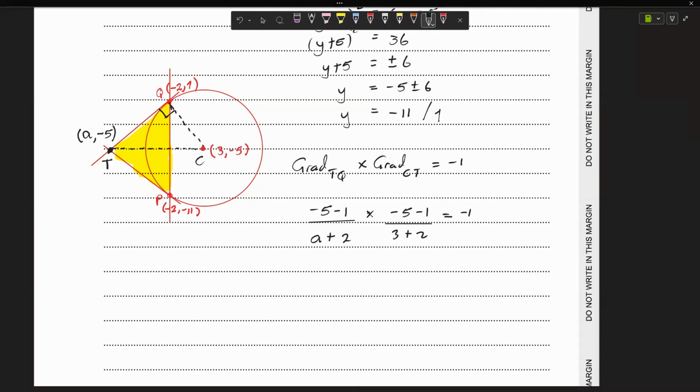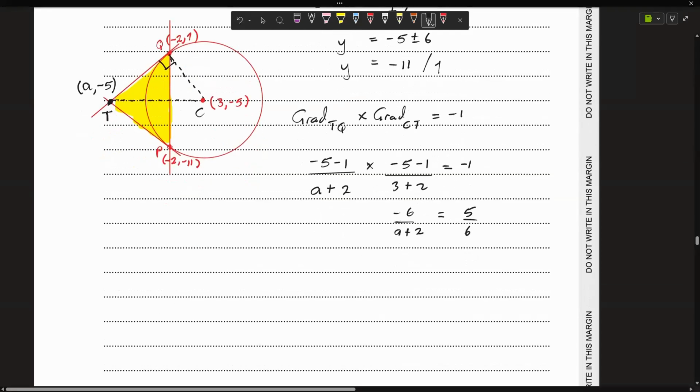So we are saying that -6 over A plus 2 is the same as the negative reciprocal. So it becomes 3 plus 2 is a 5, and -5 minus 1 is -6, but there's a minus, so this is just 5/6 because of this minus.